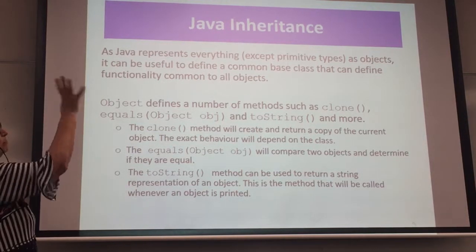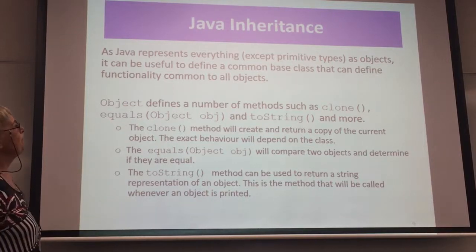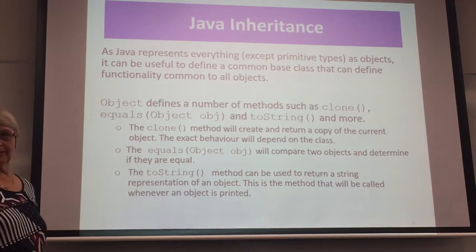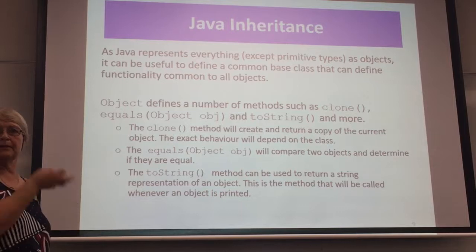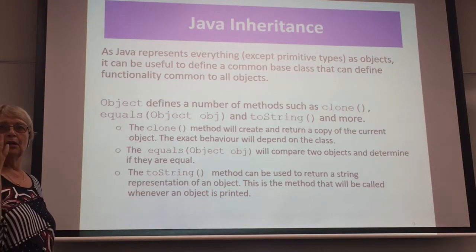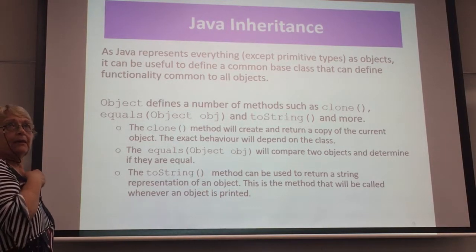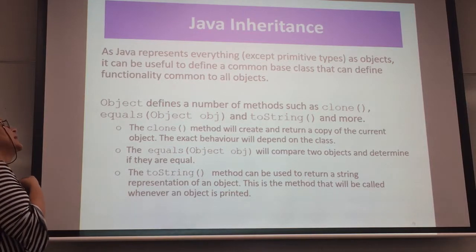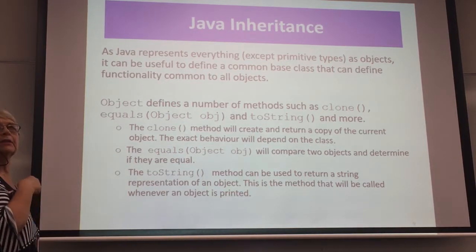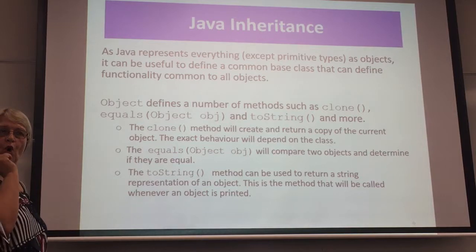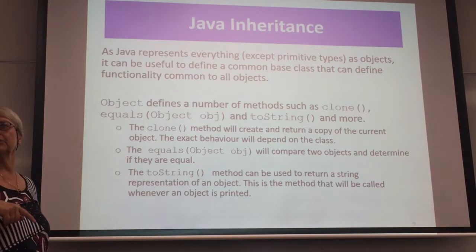Now, everything except primitive types are objects, and because of that, the people designing the language were thinking that it was a good idea to have a root for all classes which are defined.